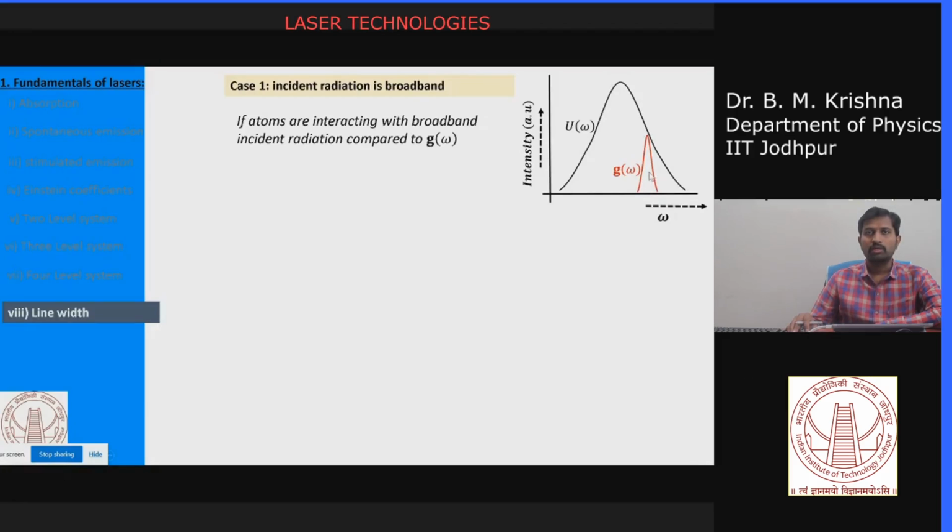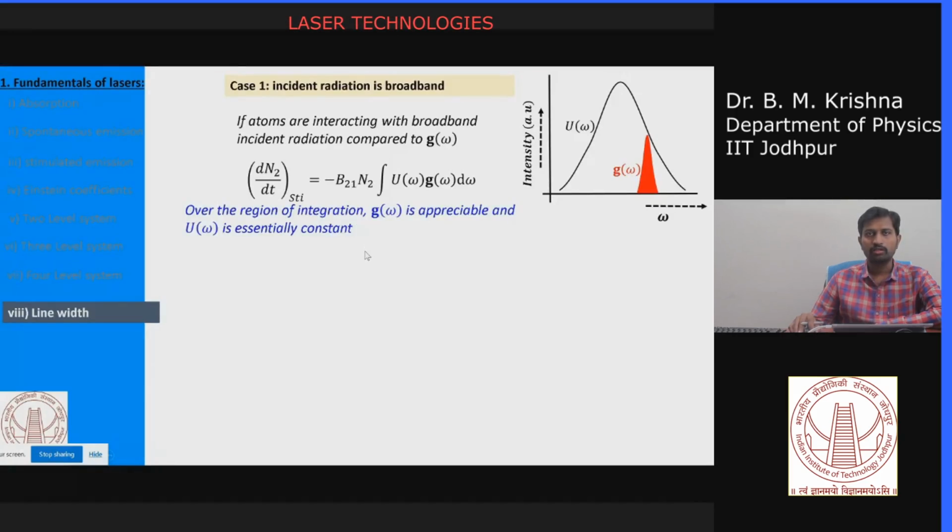That means the atom can absorb only the photons within this region. So the dN2 by dt equation, the transition from state E2 to E1, will change accordingly. Our interesting region is g of omega, because that is the only region where atoms can be excited to the excited state. So we integrate over this region.